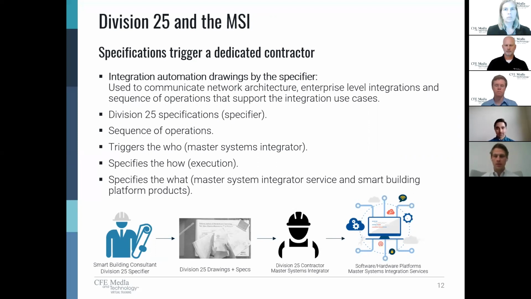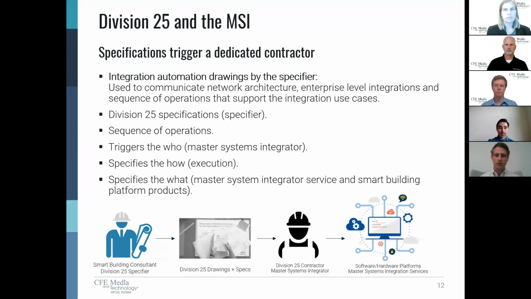So as a smart building consultant, where many of us who sit on this panel are acting in that role, we are executing these type of solutions through the construction framework of Division 25. And so as a specifier, we are delivering our solutions through Division 25, as I mentioned.